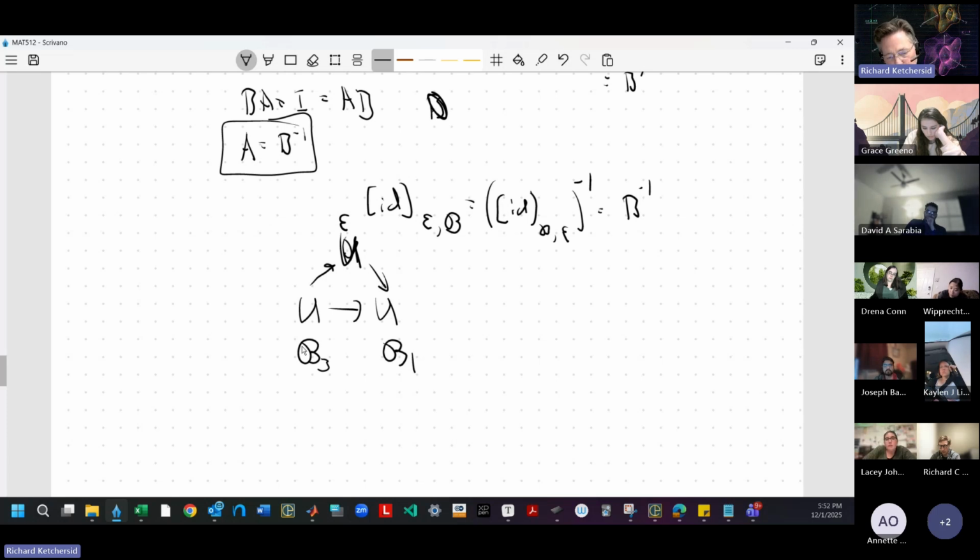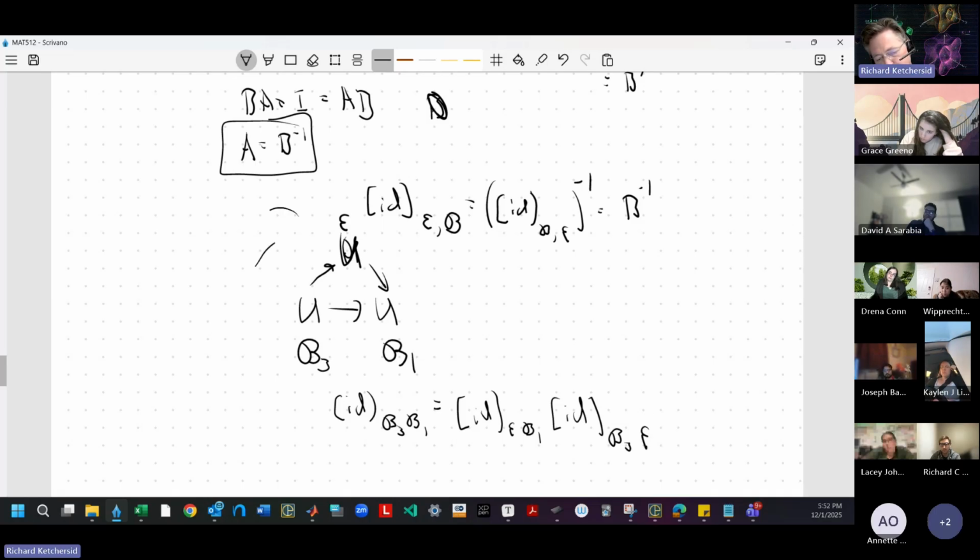And so what I need to get the map ID B3, B1 is to use this combination of things. I need to do this one first, and this one second. So let me write it: this is going to be ID E B1, and then ID B3 E.